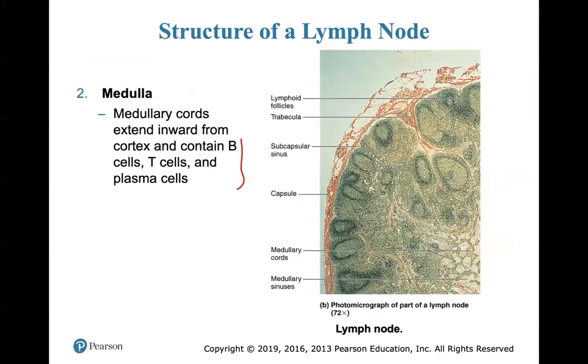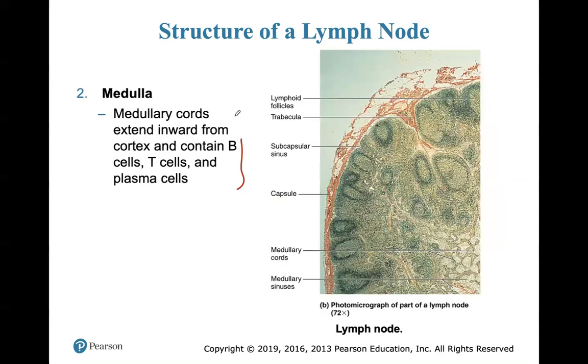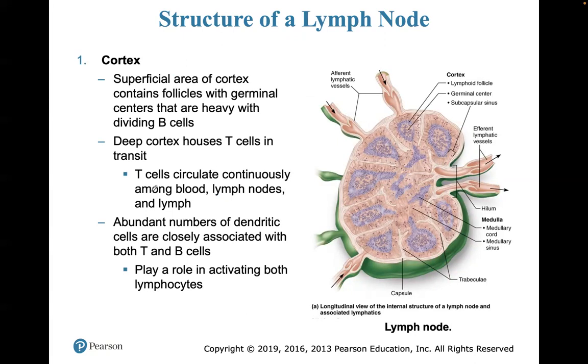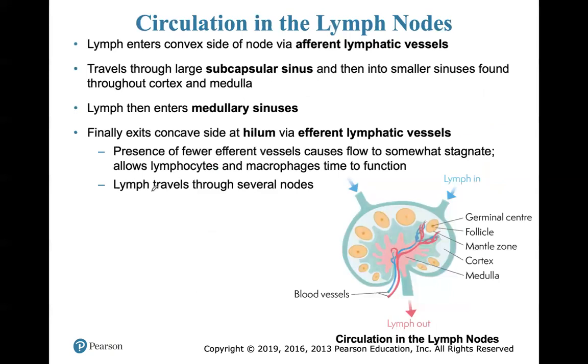Inside the medulla, which is much deeper inside, for example, over here, that's the medulla, it also has T cells, B cells, and plasma cells. So this is heavily rich with lymphocytes, where they can encounter pathogens.